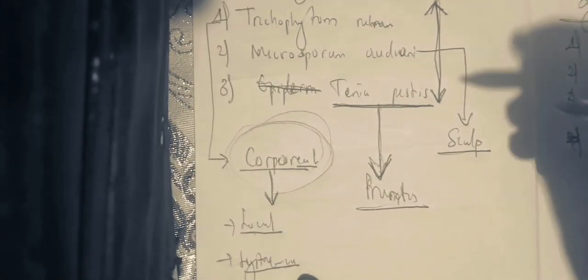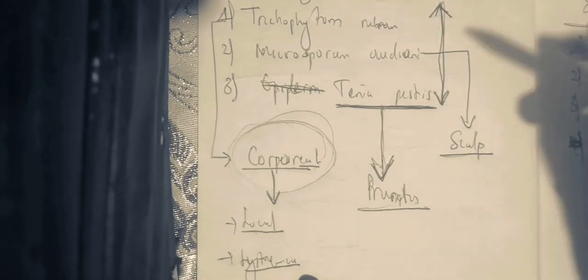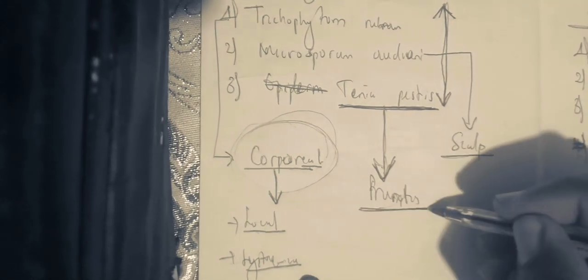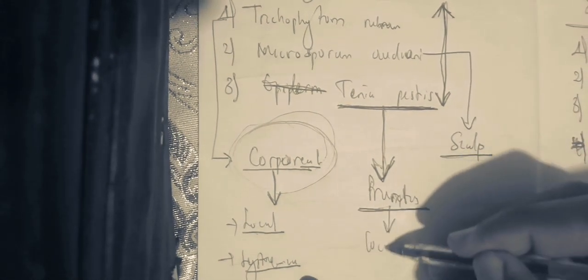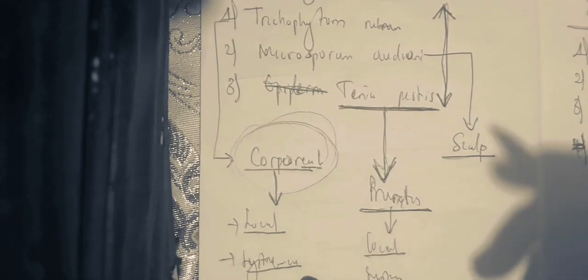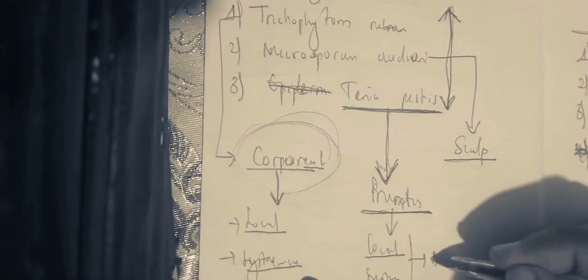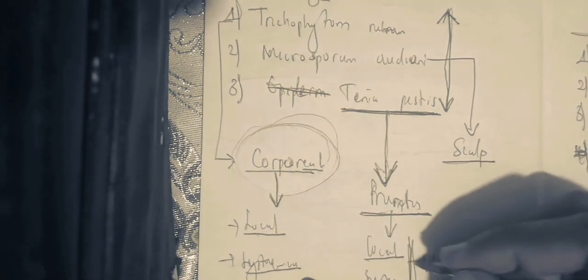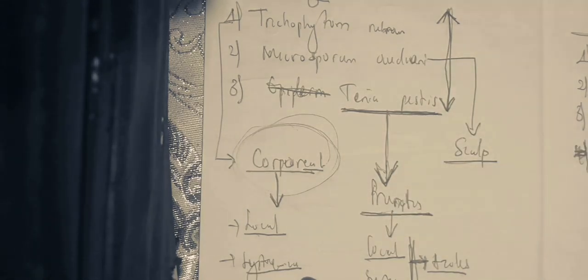Now, when you have tinea pedis infections, which result in athlete's foot with pruritus, it is still local and systemic, and in this case you use the azoles: ketoconazole, fluconazole, itraconazole.